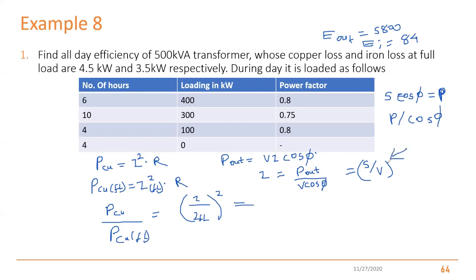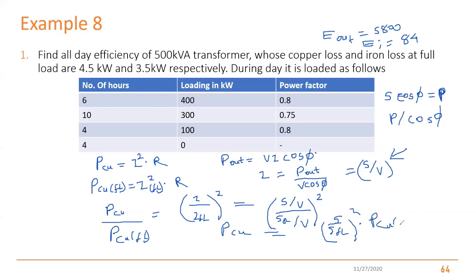Now from this equation, I is S divided by V, and I full load is S full load divided by V. So P copper should be equal to S divided by S full load, squared, times P copper full load.